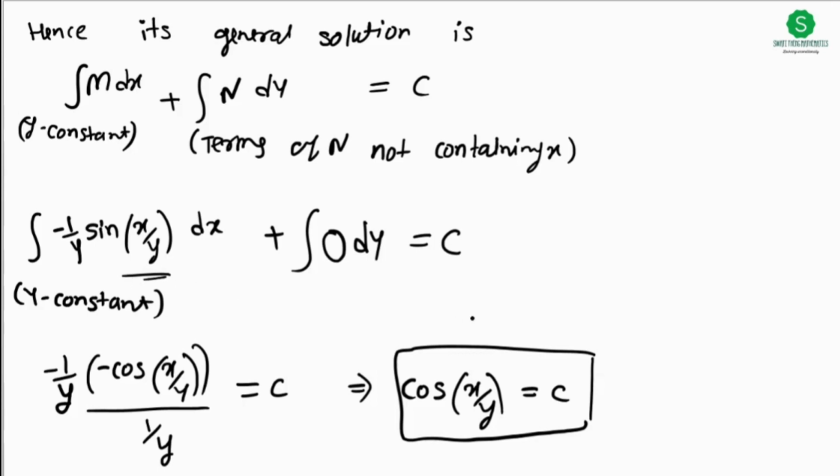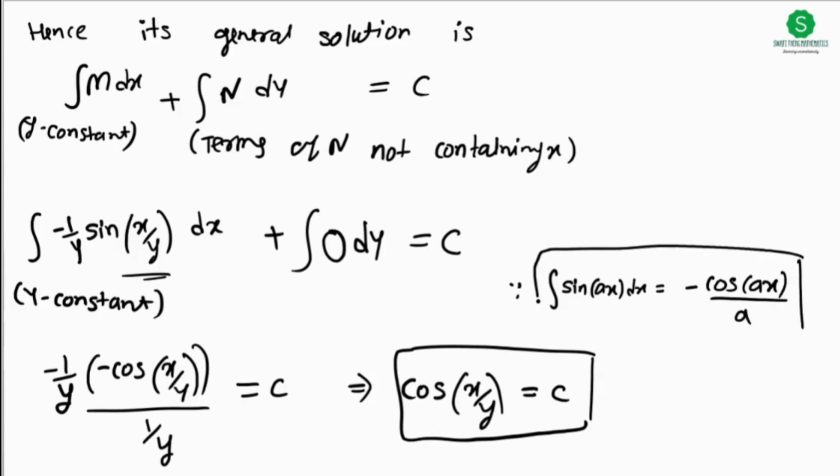To solve this integration, I have used the formula, that is integration of sine ax dx is equals to minus cos ax upon a. So using this formula, we will get this integration. Minus 1 upon y is constant, we have to keep outside. And integration of sine is minus cos x by y. And with x, if there is any multiplication term, we have to take that term as a constant.